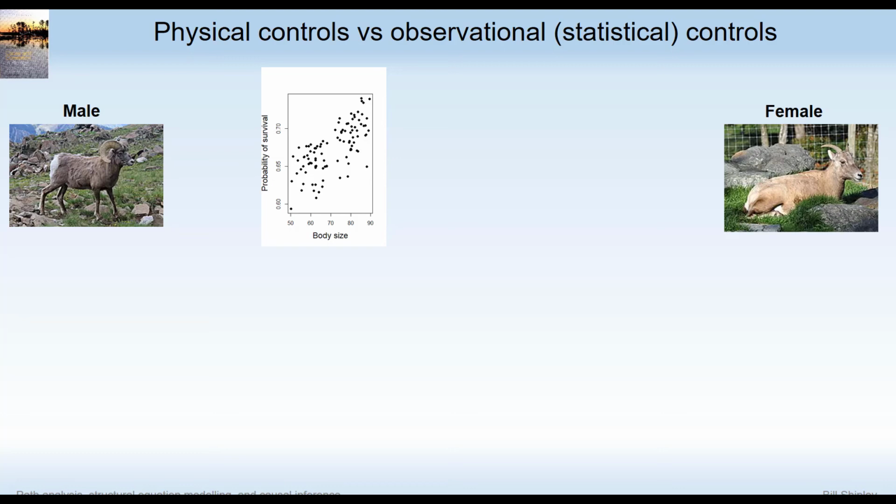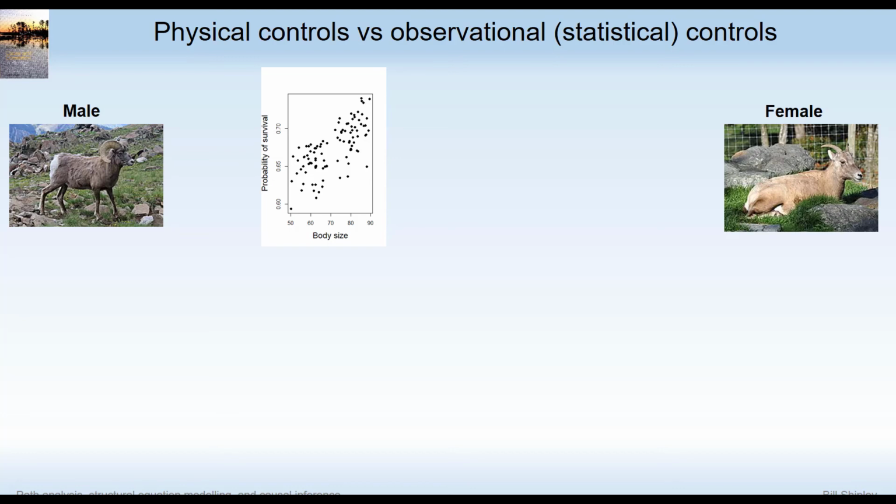Now, you might be wondering what all of this has to do with path analysis and structural equations modeling. After all, path analysis and structural equations modeling are designed for making inferences about cause and effect when we can't or we haven't conducted controlled experiments or randomized experiments?